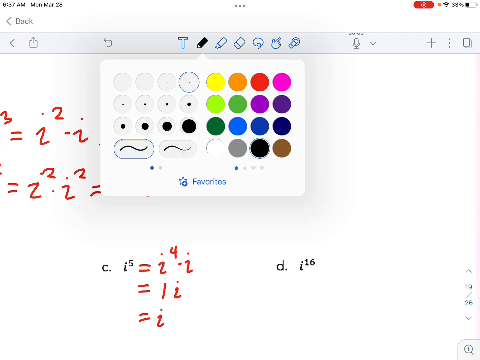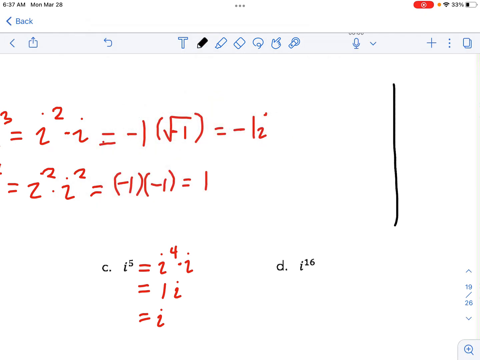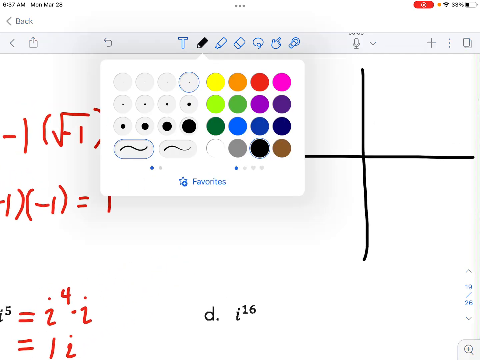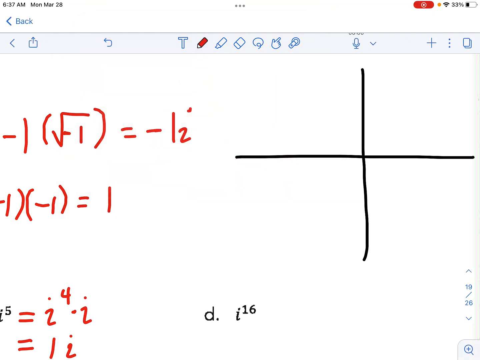So we have this graphic that we can set up here. And it's circular, basically. And we can just say, okay, i to the 0 power is 1, and i to the 1st power is just i, and i to the 2nd power is -1, and i to the 3rd power is -i.